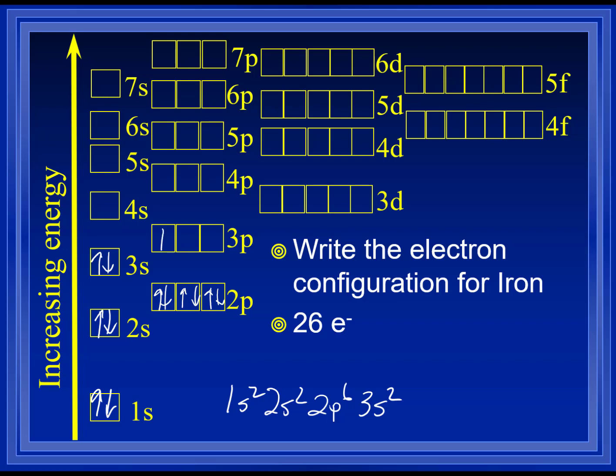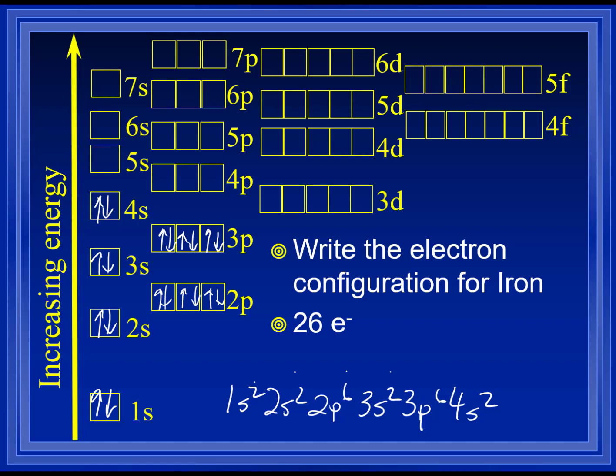Then 3p can hold 6 more. So that's 3p6. That's 18. I'm just adding up the numbers on top. 2 plus 2 is 4, plus 6 is 10, plus 2 is 12, plus 6 is 18. Then next I go to 4s, and I got room for 2 there. That's 20.